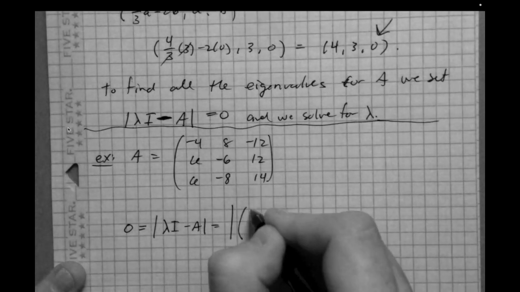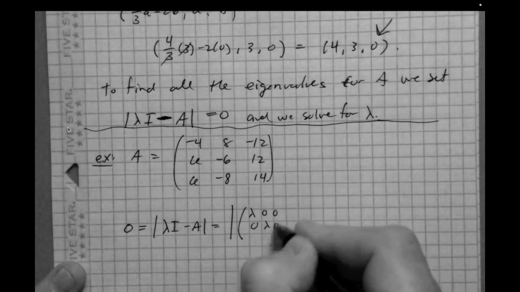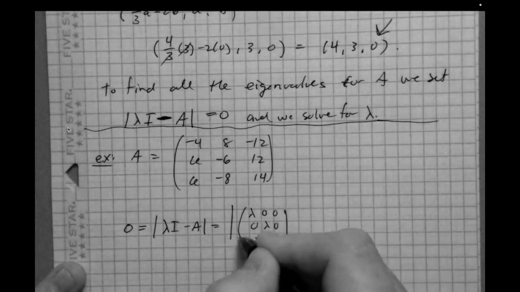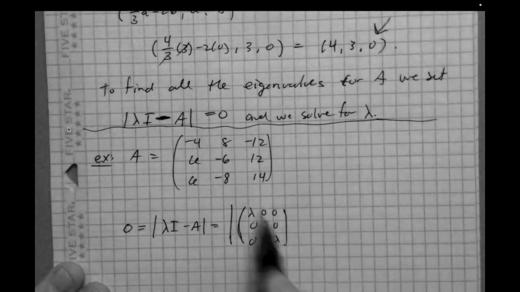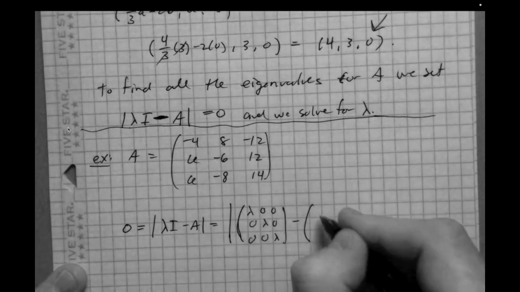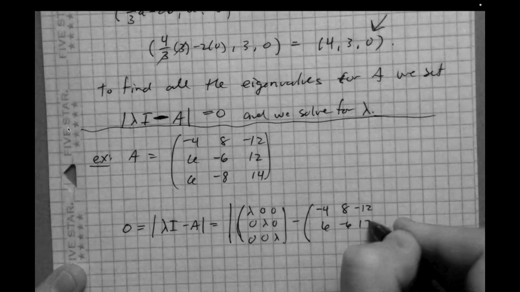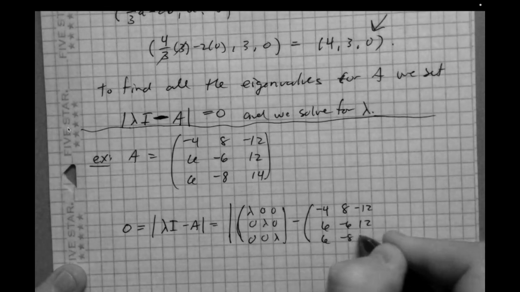Well, lambda times I is lambda 0 0, 0 lambda 0, 0 0 lambda. That's the identity matrix times a scalar lambda, minus A, which is this guy: negative 4, 8, negative 12, 6, negative 6, positive 12, 6, negative 8, 14.